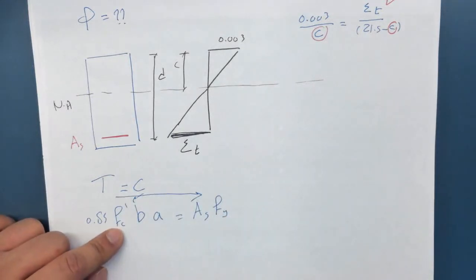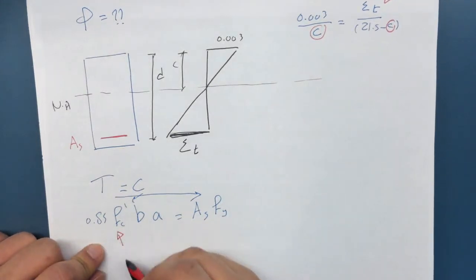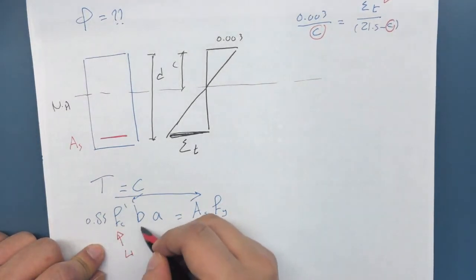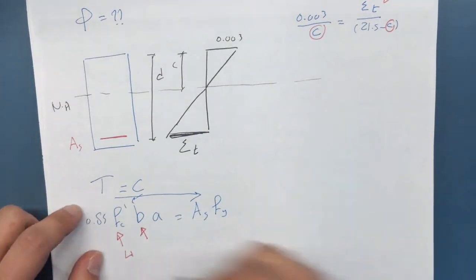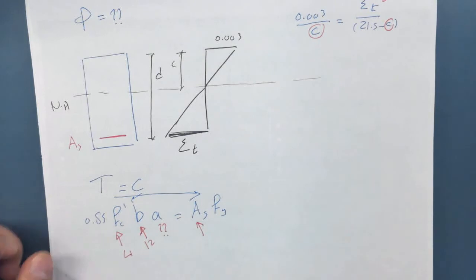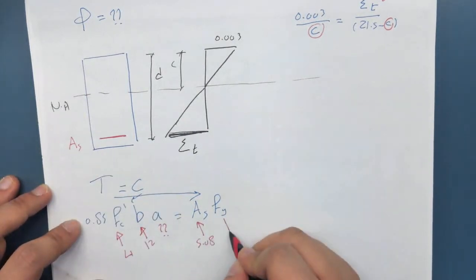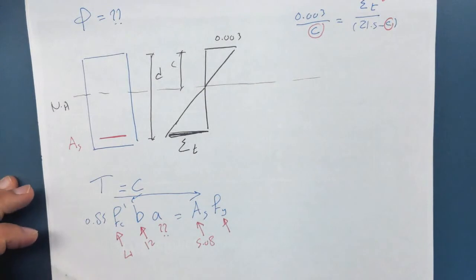I know what fc prime is. The problem tells me that fc prime is equal to 4 ksi. This b here is 12 inches. a is an unknown. As, if you go to the tables, you'll find a table that tells you what 4 number 10 bars have, it's 5.09. And the yield stress of the steel is 60 ksi.